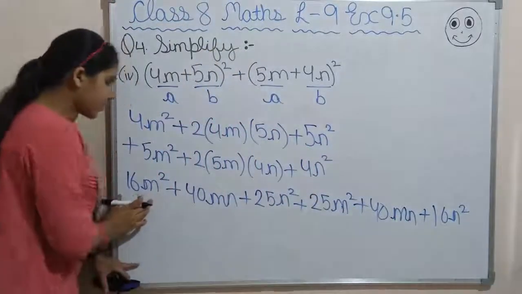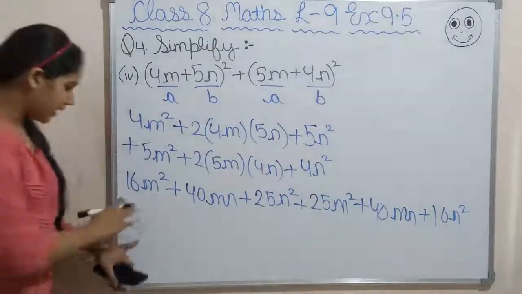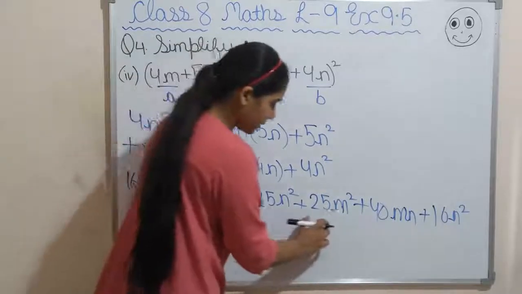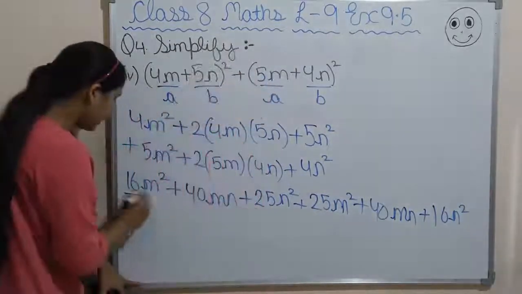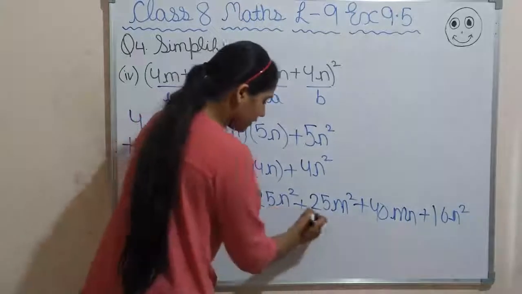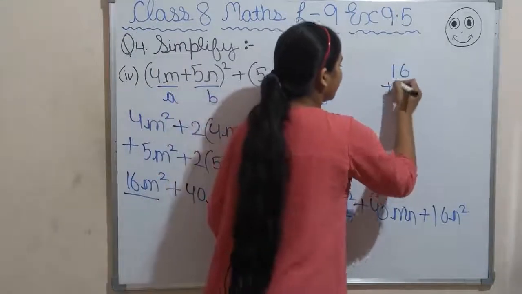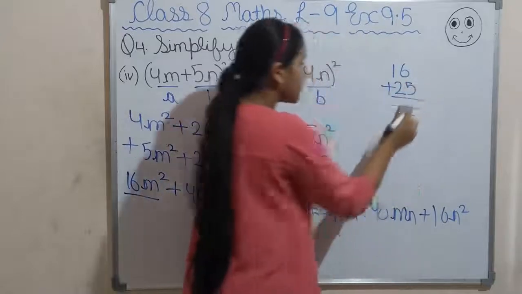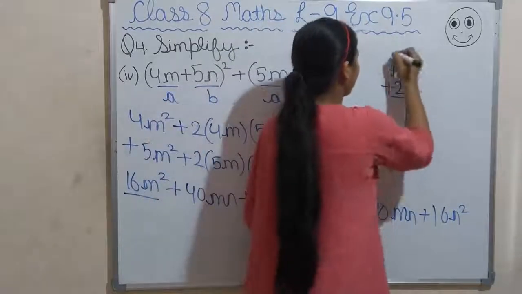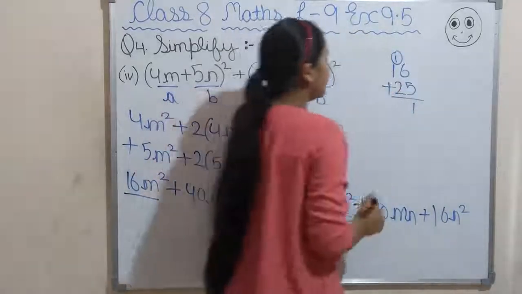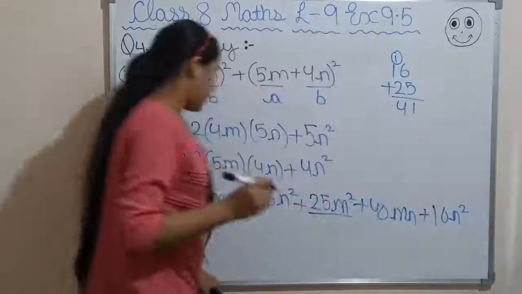16m square. So we have to find where is m square. It's here. So we can add it, 16m square plus 25m square. So 16 plus 25: 6 plus 5 is 11, 2 plus 1 is 3, 3 plus 1 is 4, so 41.